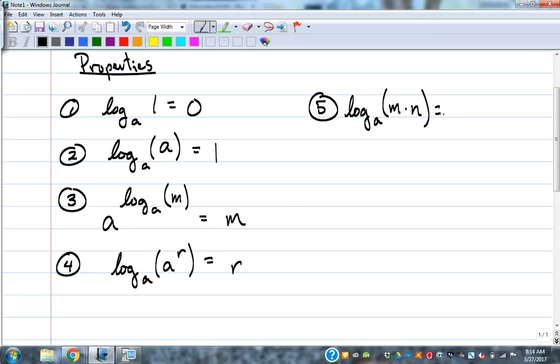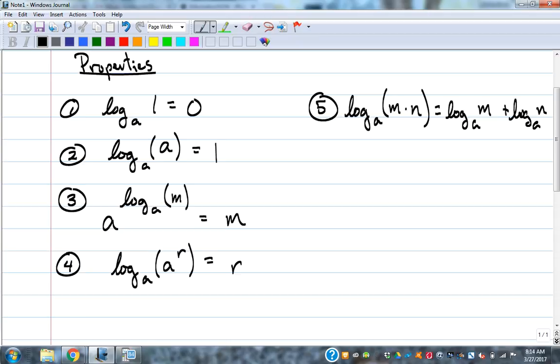So that you could rewrite it log base A of M plus log base A of N. You can expand that, and it works the other direction too. If you had 2 logs here, you could condense it into one that's a multiplication problem. So that's going to help us, especially when we go to solve equations next section.